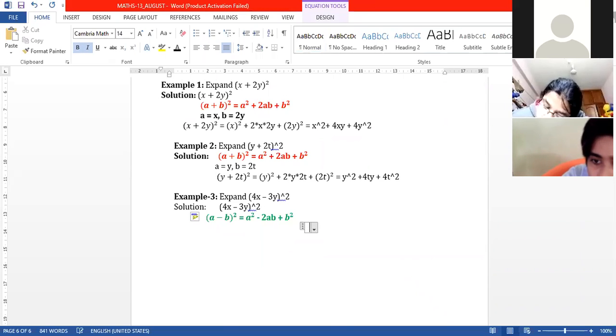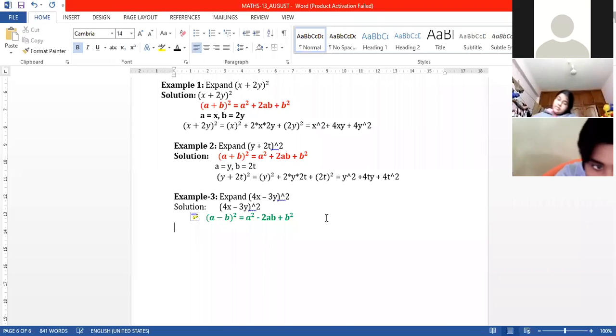The value of a is equal to 4x, a is equal to 4x, comma, b is equal to 3y, not minus 3y. Why I am not taking minus? Because already in the identity minus sign is included. We will never take minus 3y. B is equal to 3y. Now I want to substitute the value in the given identity.